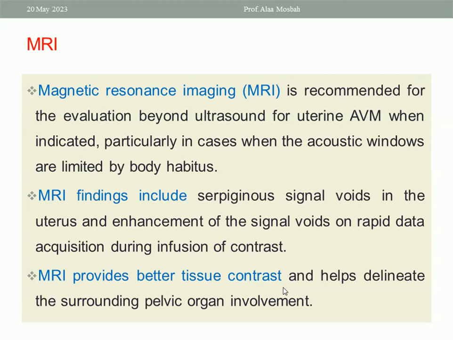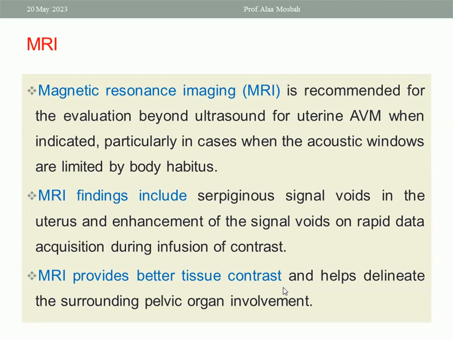MRI findings include what? They include serpiginous signal voids in the uterus and enhancement of the signal voids on rapid data acquisition during infusion of contrast. MRI provides better tissue contrast and helps delineate the surrounding pelvic organ involvement.